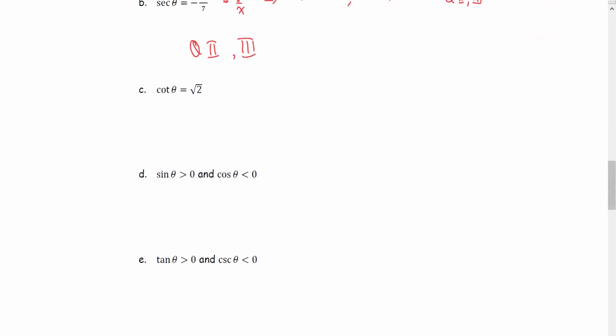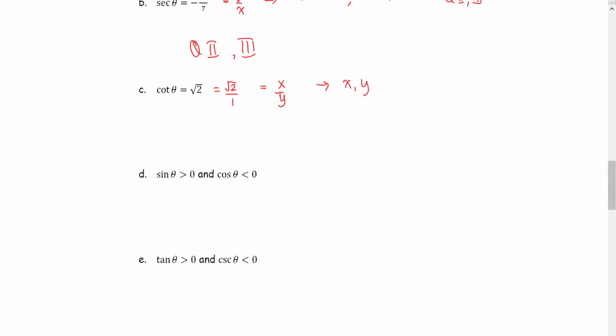Part C, the cotangent theta is square root 2. If you write it as a fraction, it is square root 2 over 1, and the cotangent theta is the reciprocal of the tangent, and the tangent is defined by y over x. Therefore, the cotangent is x over y. In this case, both of them have the same sign.